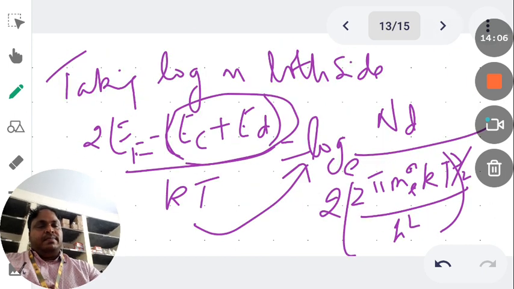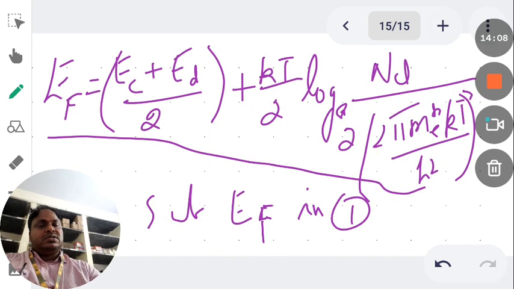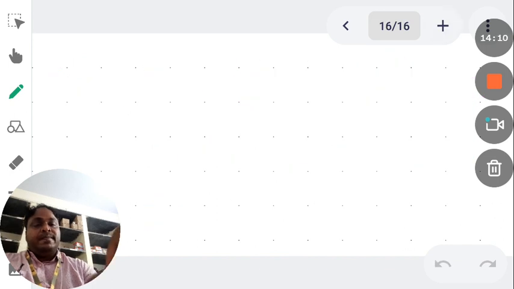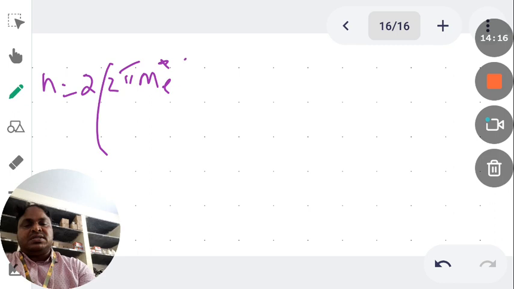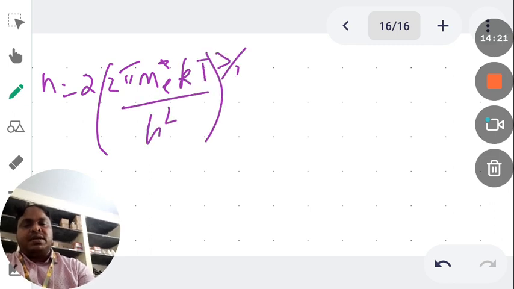My screen might not be enough for writing all those things. Let me try. 2 into 2 pi me star KT by h square power 3 by 2.